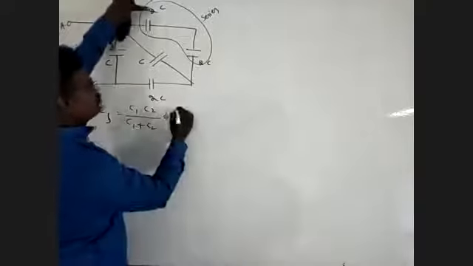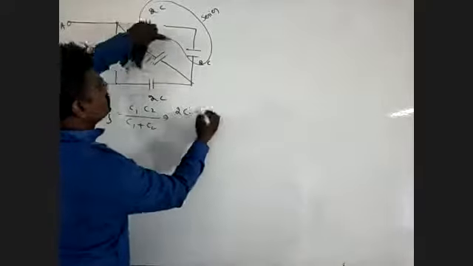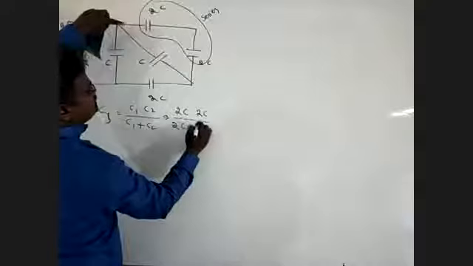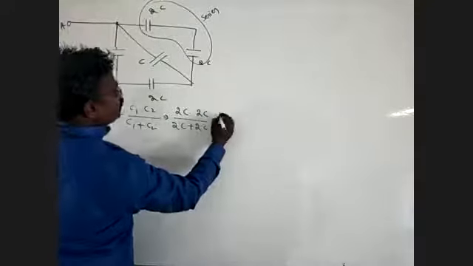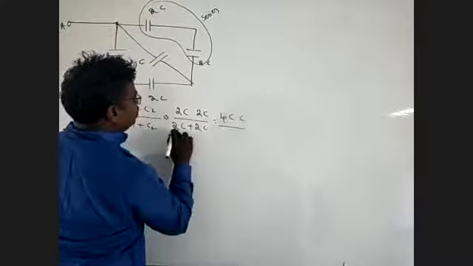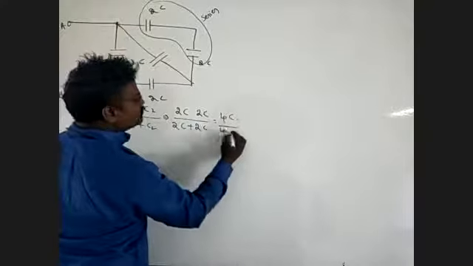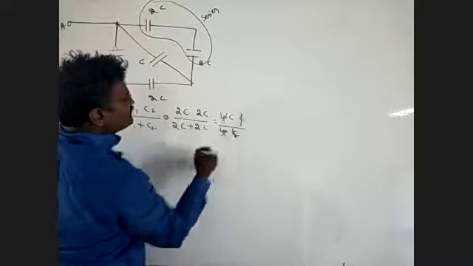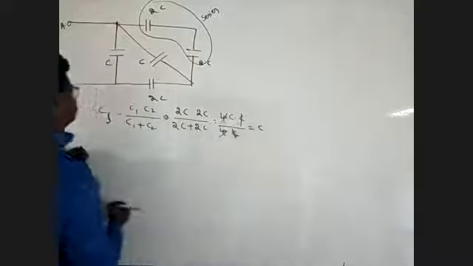C1 means 2C, C2 means 2C, so 2 into 2, 4, C into C, by 2C plus 2C, which is 4C. C cancels, 4 cancels, and now the answer is C.